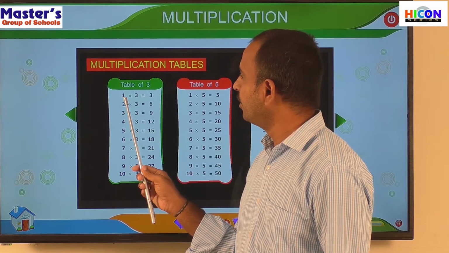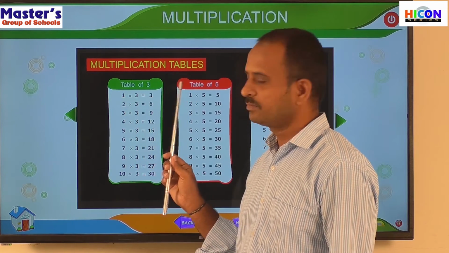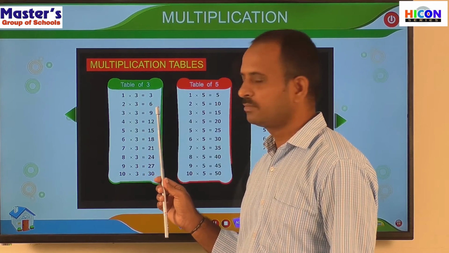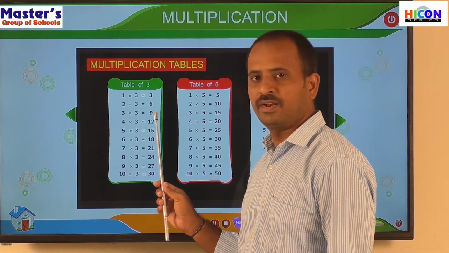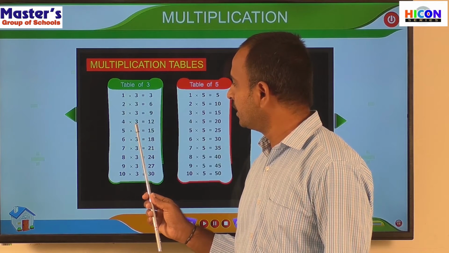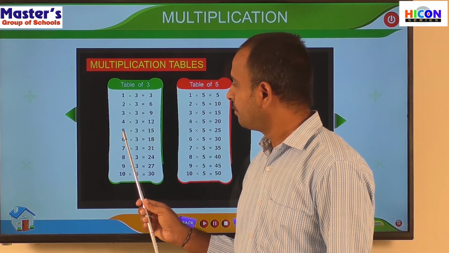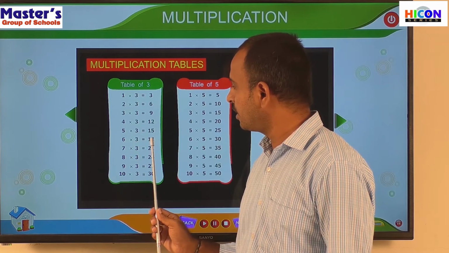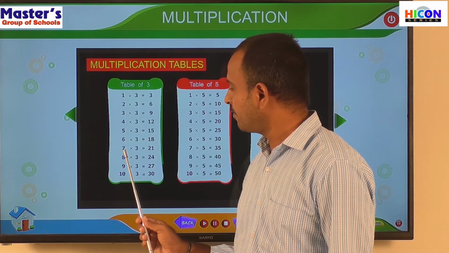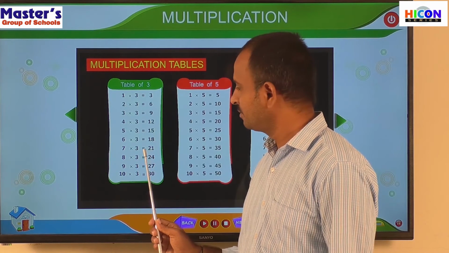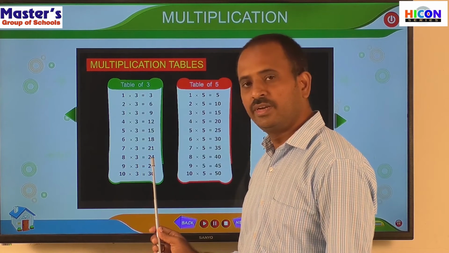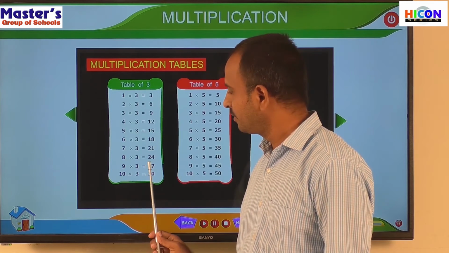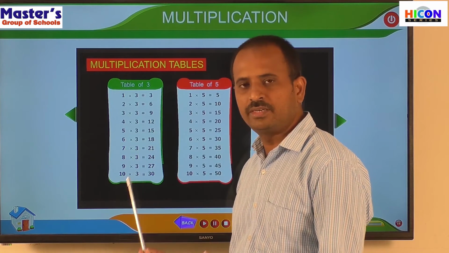1 three is 3, and it can be read as 2 threes are 6, 3 threes are 9, 4 threes are 12, 5 threes are 15, 6 threes are 18, 7 threes are 21, 8 threes are 24, 9 threes are 27, 10 threes are 30.